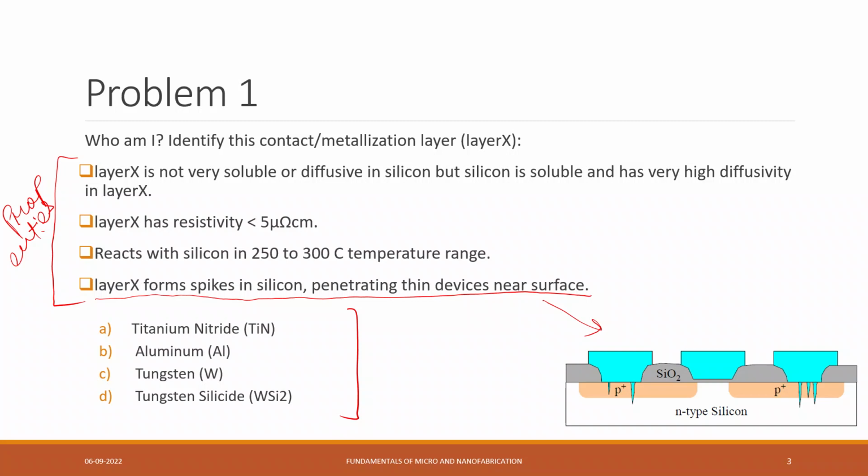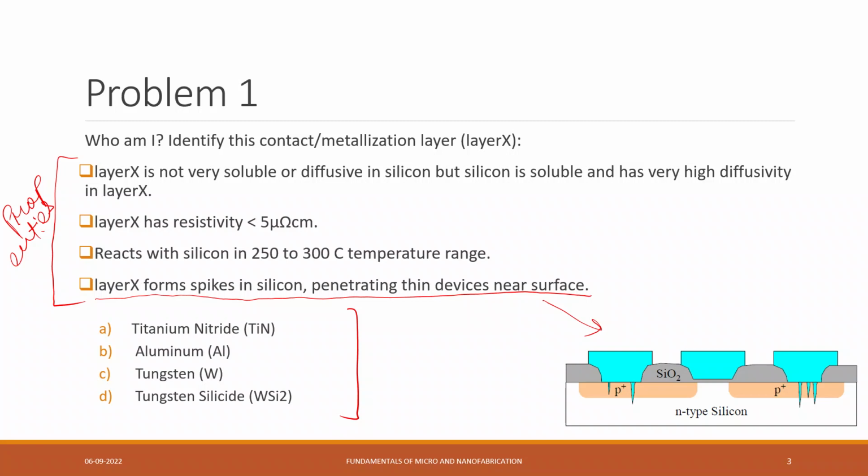Okay, let's discuss the answer. The first property is that the layer X is not very soluble or diffusive in silicon, but silicon is soluble and has very high diffusivity in layer X. We saw that metals, or any impurity or material, can diffuse into silicon.